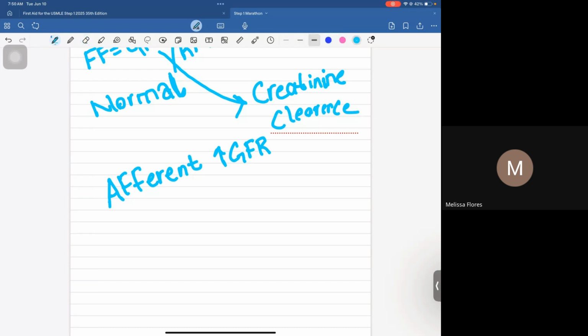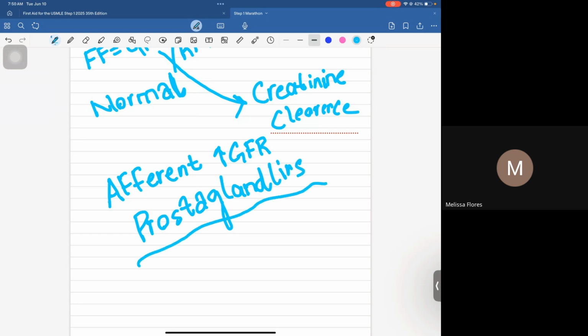Now, what are the things that dilate the afferent arteriole? Prostaglandins dilate the afferent arteriole. When prostaglandins dilate the afferent arteriole, the GFR is going to increase. That is why prostaglandins are very important in maintaining kidney blood flow and kidney function.